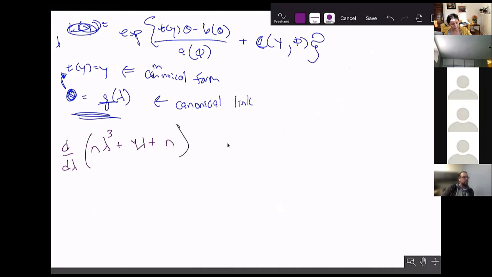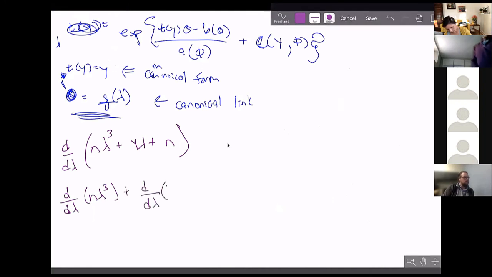You can distribute the derivative to each of the terms. So solving this, you have the derivative of that first term plus the derivative of that second term plus the derivative of that third term.